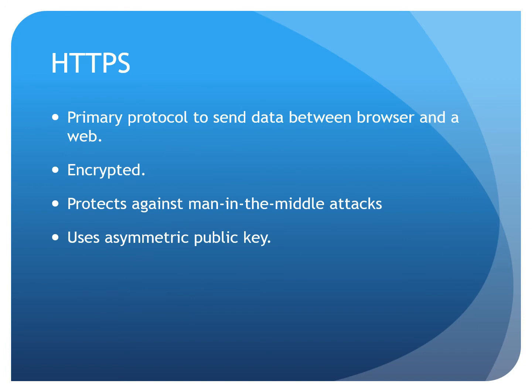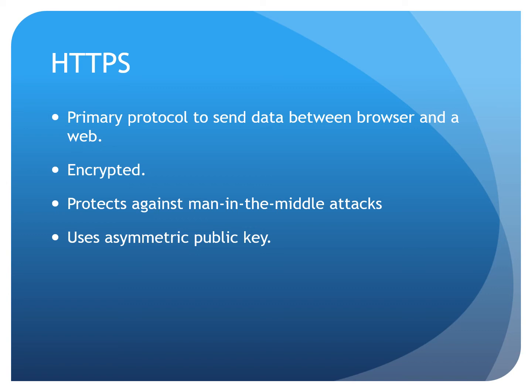Now we're going to talk about HTTPS. Hypertext Transfer Protocol Secure is the secure version of HTTP. It is the primary protocol to send data between browser and website. It is encrypted to increase security of data transfer.